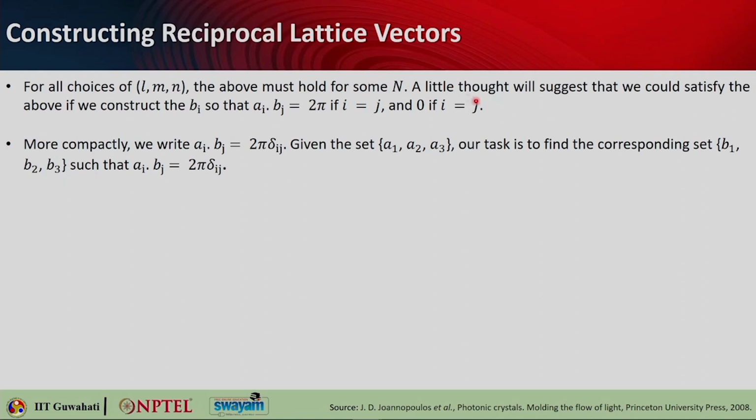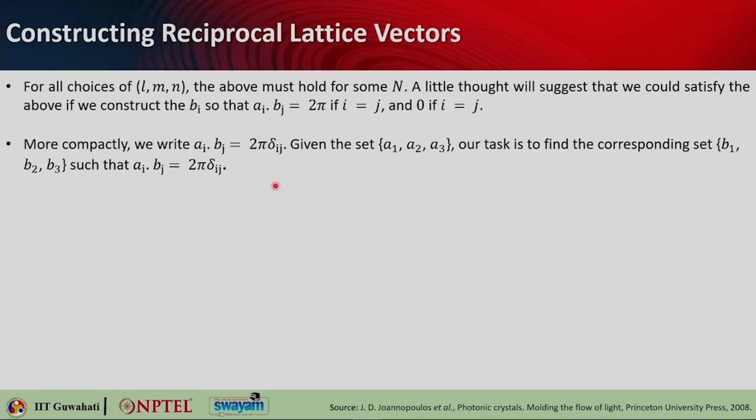If you put some thought, you will see that this happens only when Ai dot Bj equals 2 pi if i and j are equal, and if they are unequal, there is a typo here, you get 0.